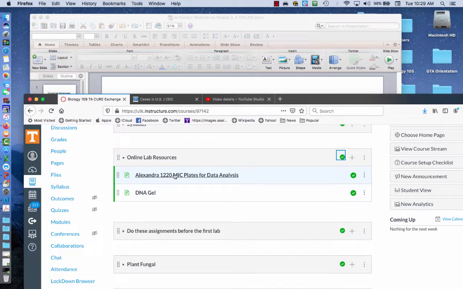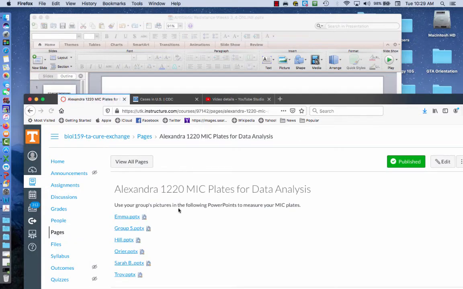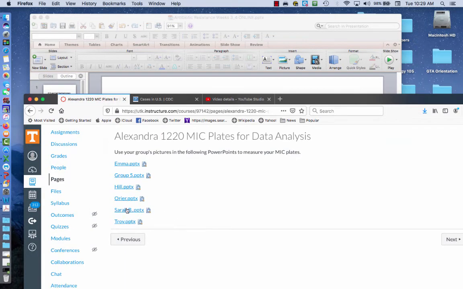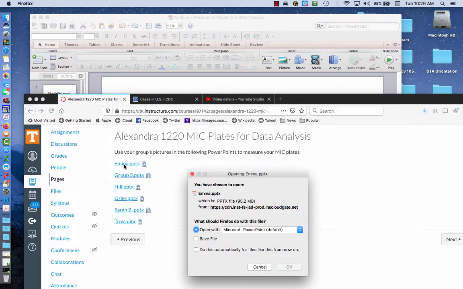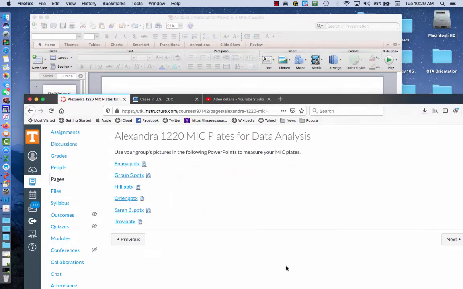This may not be your class, but this is one of the classes, and this will be what yours looks like. It'll be specific for your class. Then there will be a PowerPoint file with every group. I want to show you some of them just to give you some ideas on what it looks like. Let me open up a couple of them.